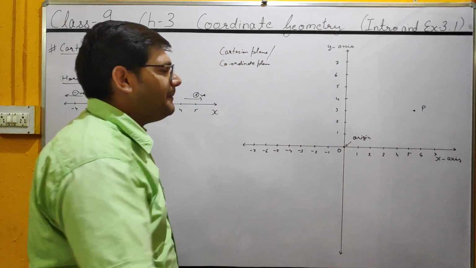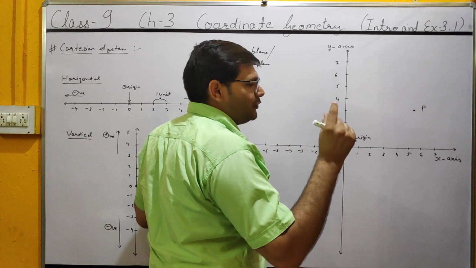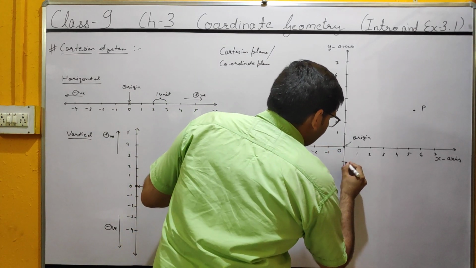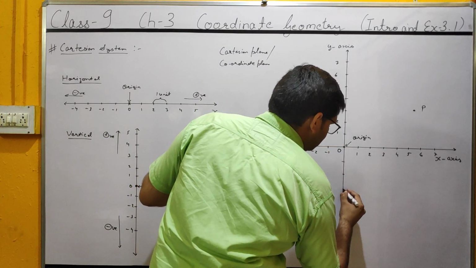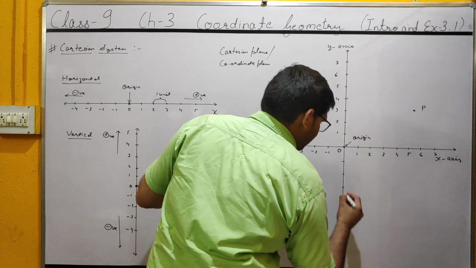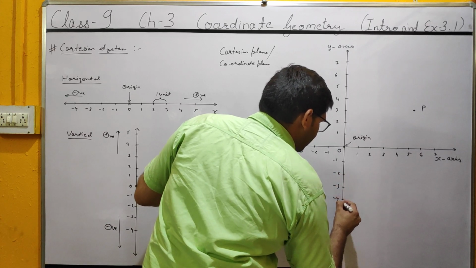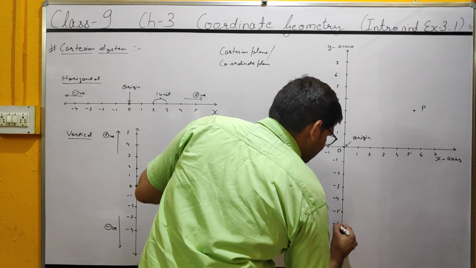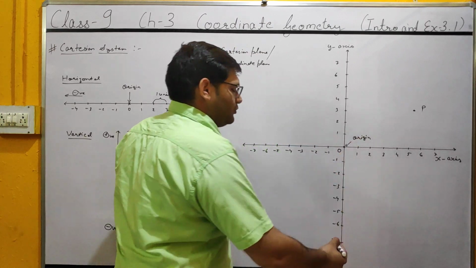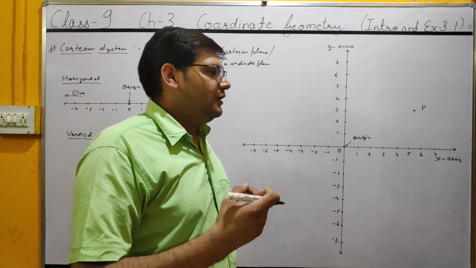In this way, upwards all the numbers will be positive, with a 1 unit gap. Now -1, -2, -3, -4, -5, -6 and -7. So in this way, if we go downwards, we will get negative values.